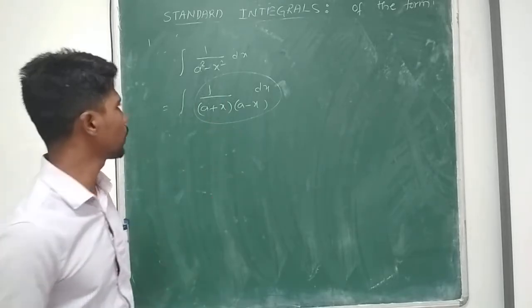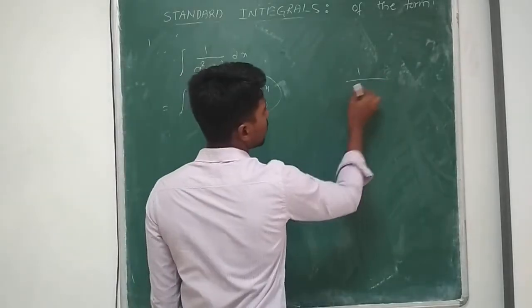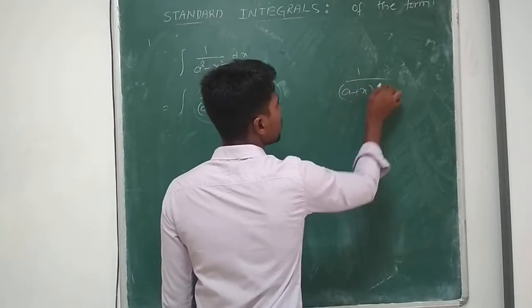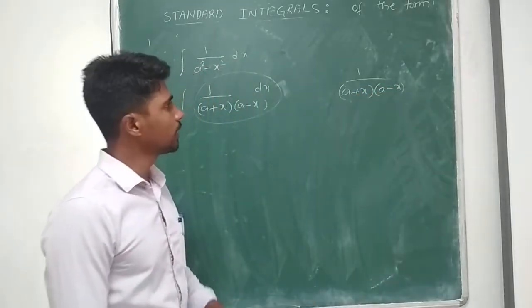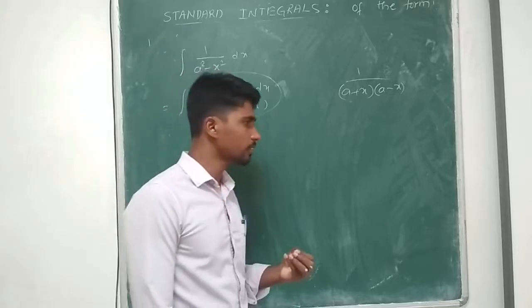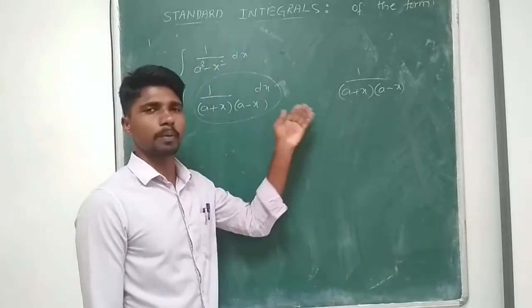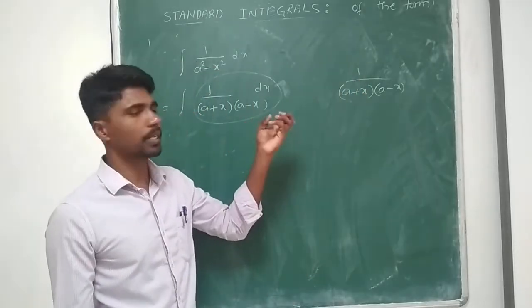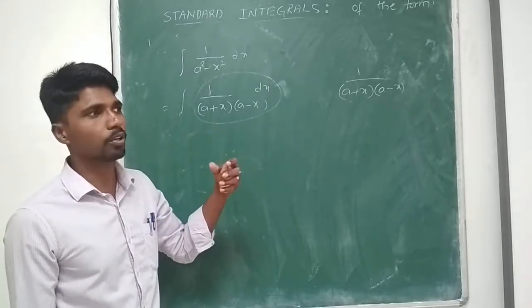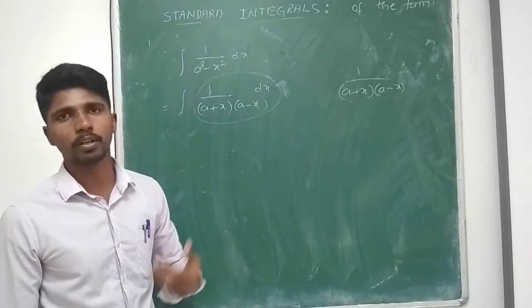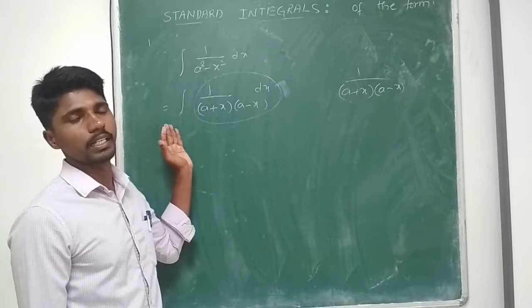So for that purpose, I have 1 by a plus x into a minus x, and I want to split this. If I need a constant, it's very easy for us. We can multiply and divide by a constant, because with multiplication and division by a constant, the integral will never change. But if I want to multiply and divide by a variable, inside and outside, it changes.